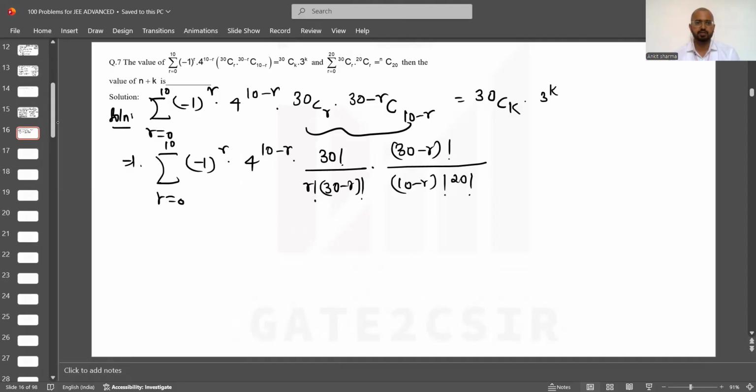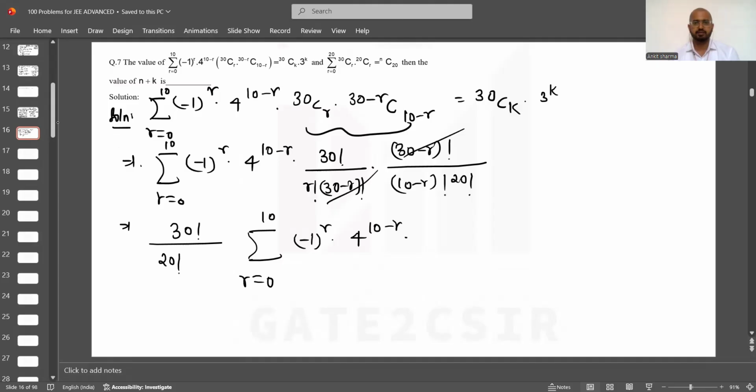Now if I take all these constants out of the summation, I'll basically have 30 factorial over 20 factorial, and then simply the sum over r equal to 0 to 10 of minus 1 to the power r, 4 to the power 10 minus r. And this part gets cancelled.